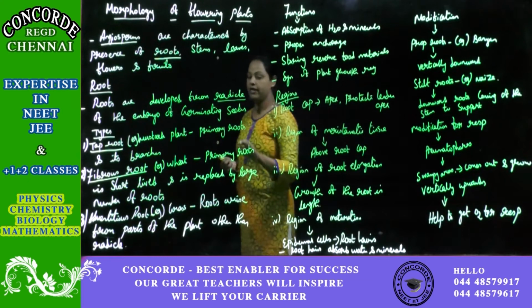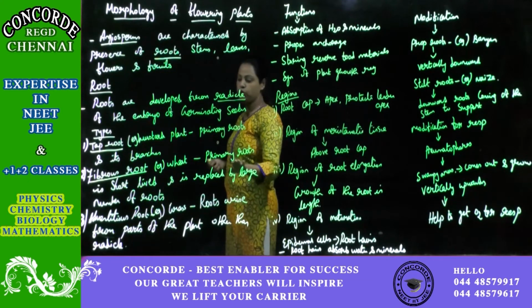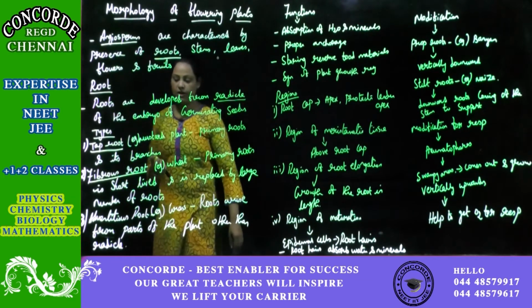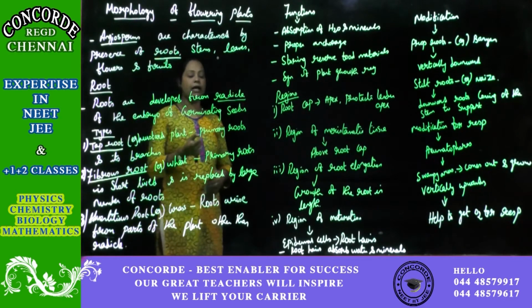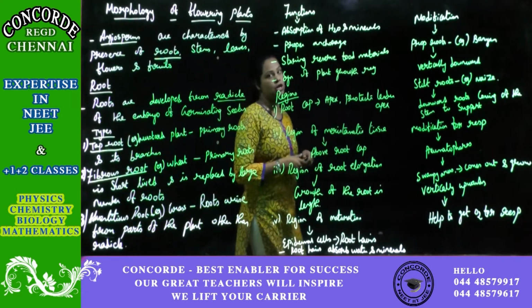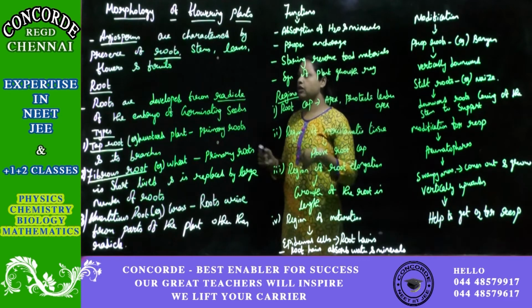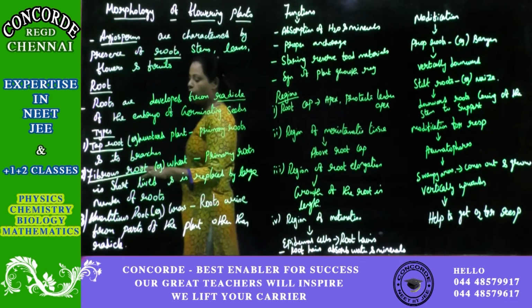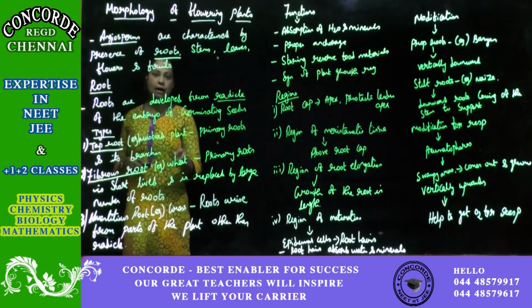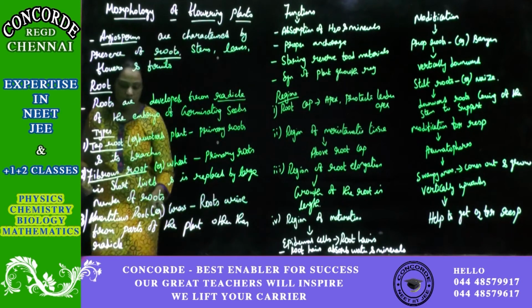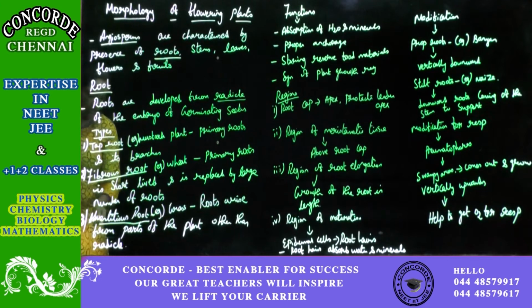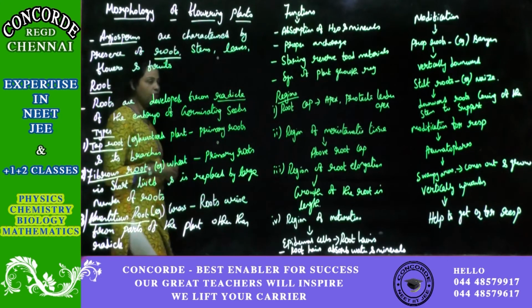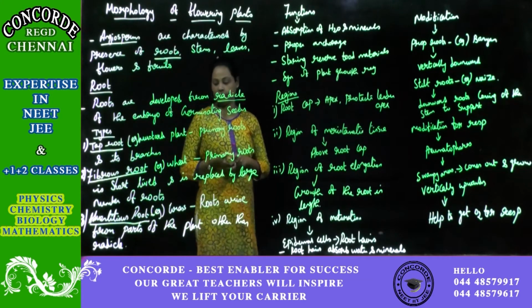Here the primary root is short-lived and is replaced by a large number of roots. It means a large number of branches arise from it. That we call fibrous root. Example is wheat. The third one is adventitious root. The example for adventitious root is grass.